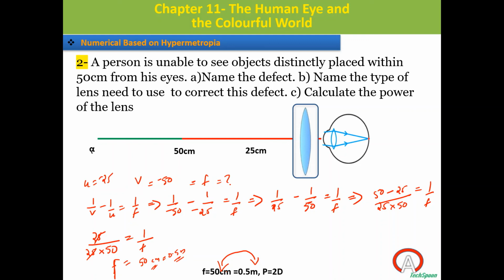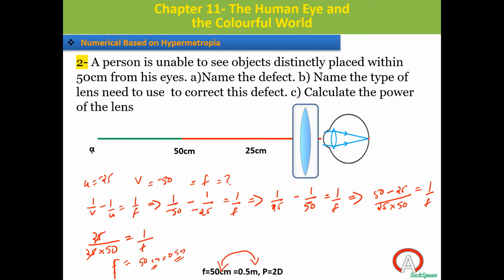Matthew, are you there? Yes, sir. Why are we converting? Are you sleeping? Why are we converting 50 centimeter to 0.5 meter? Why do we convert? To get the image. To get the image of.